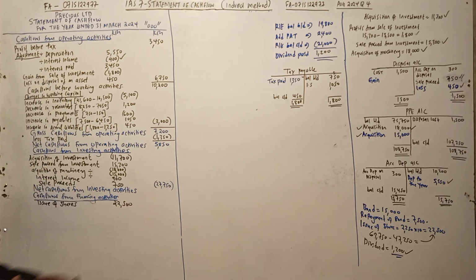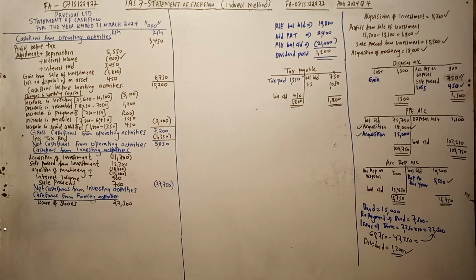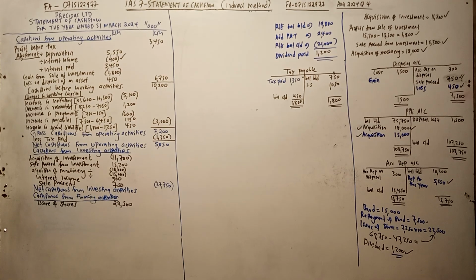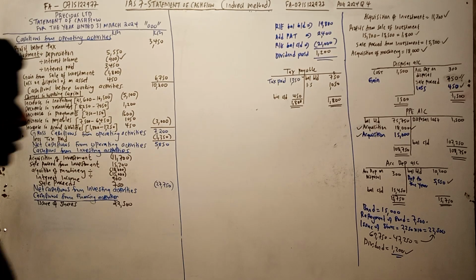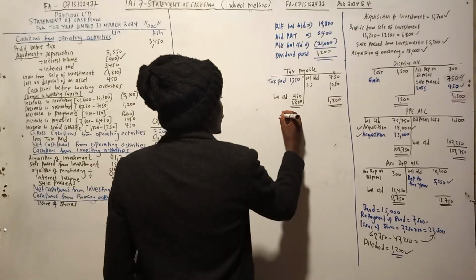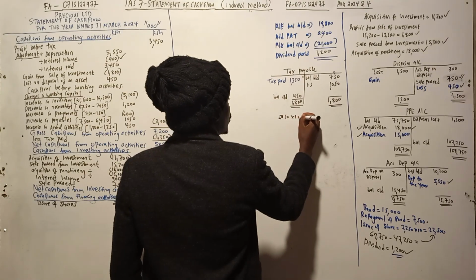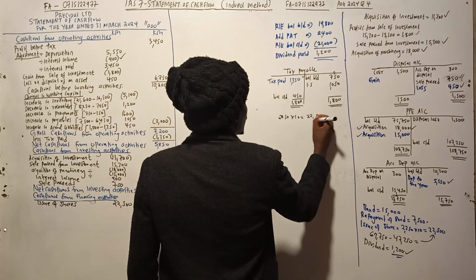You can also confirm with this one from the additional information number 6. The company issued 2250 ordinary shares. So in thousand, so 2250 times 10, which is 22,500 Kenya shillings.